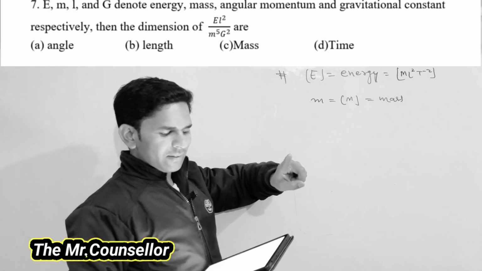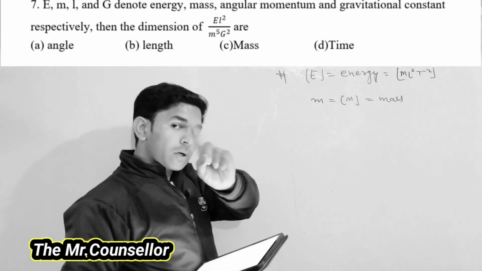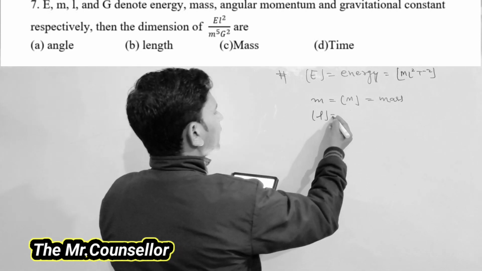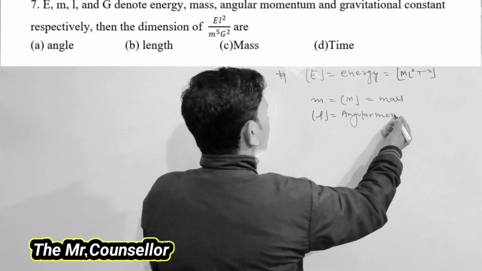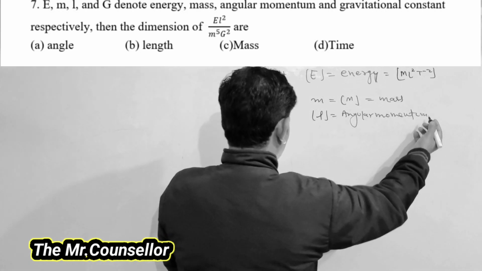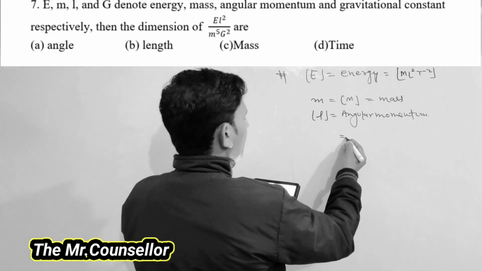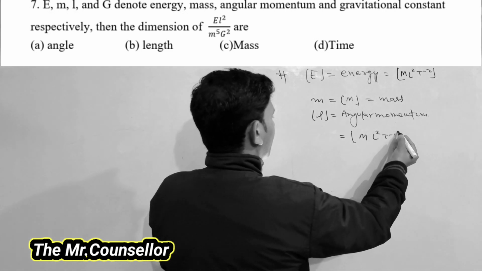Next, L. L is basically showing angular momentum, not length, angular momentum. So angular momentum, the dimensional formula is m L square T minus 1.